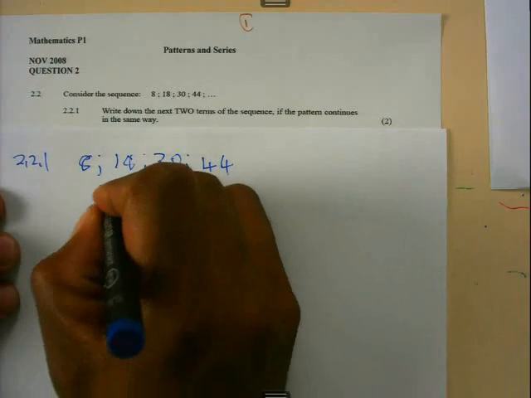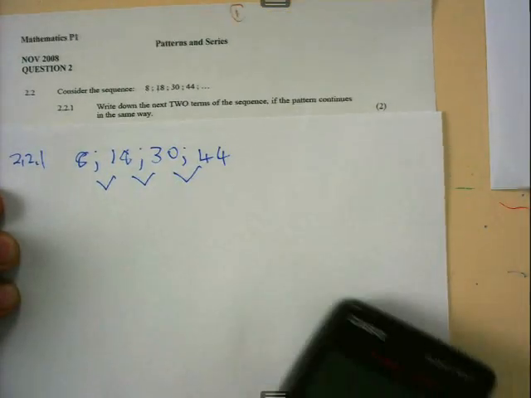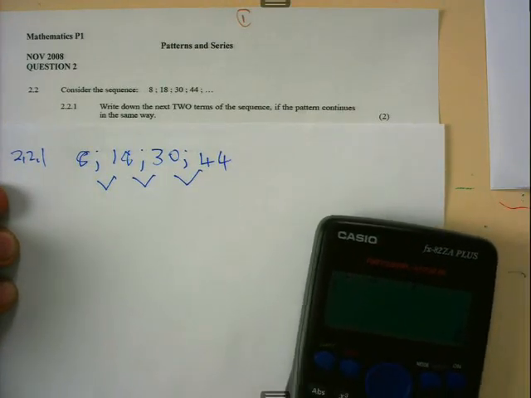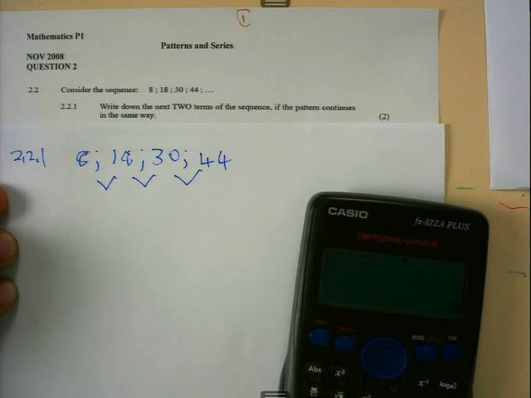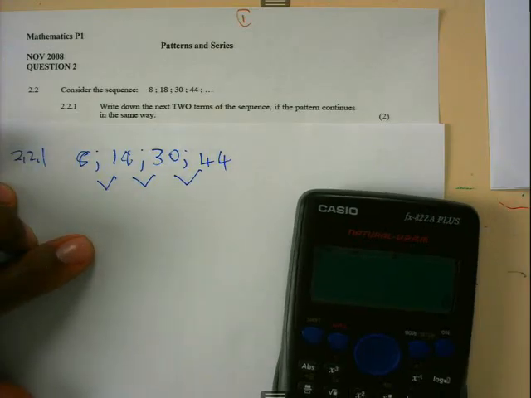Of course, we need to have the first difference first. If the first difference is the same, we know we are going to have a linear pattern. But if it's not the same, we look at the second difference. If the second difference is the same, then it's a quadratic. But if it's not the same, we must look at a constant ratio. That one will be very important because it will take us to the geometric sequence.